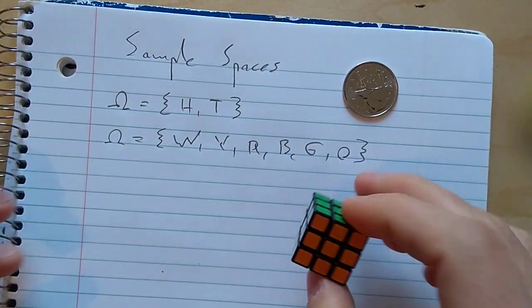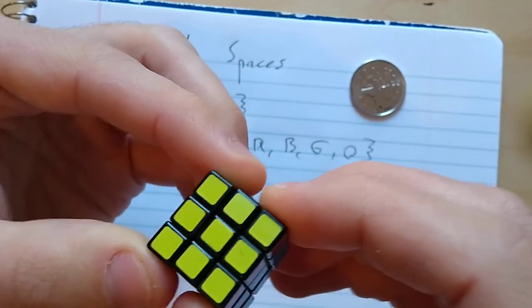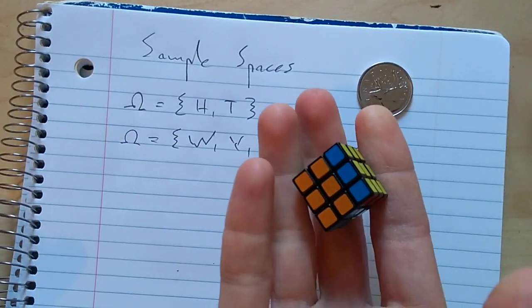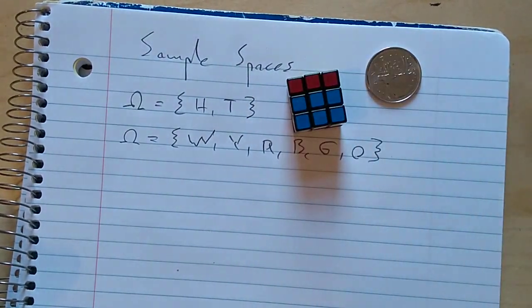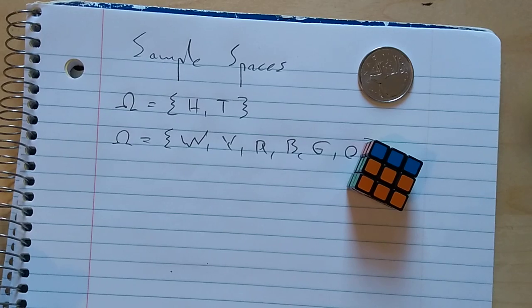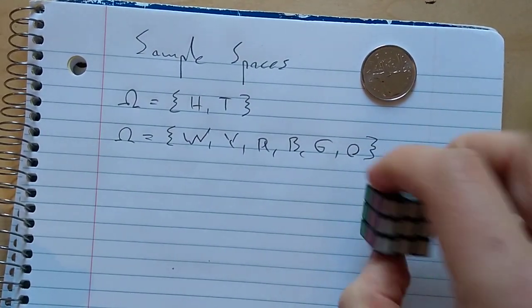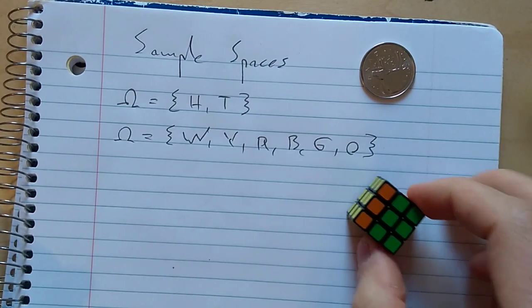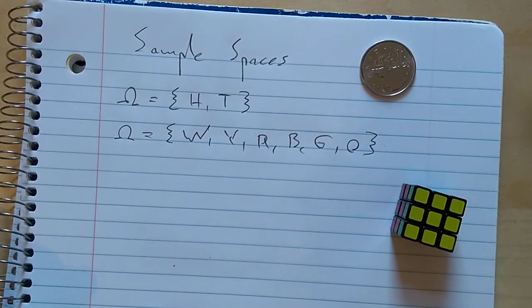Suppose now I do something slightly different. Let's turn one of these faces. Now let's suppose I roll this thing, and I count how many orange squares I see on top. Well, you could get no orange squares, you could get 3 orange squares, or you could get 6 orange squares.